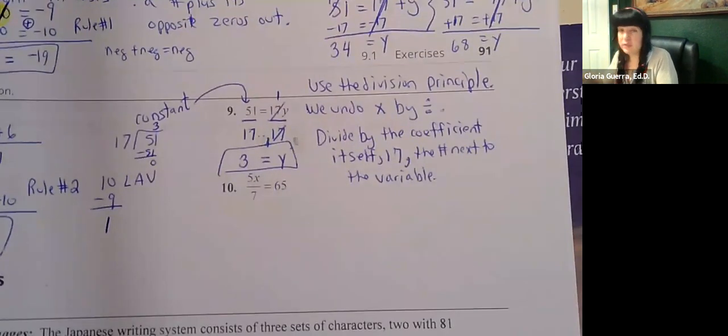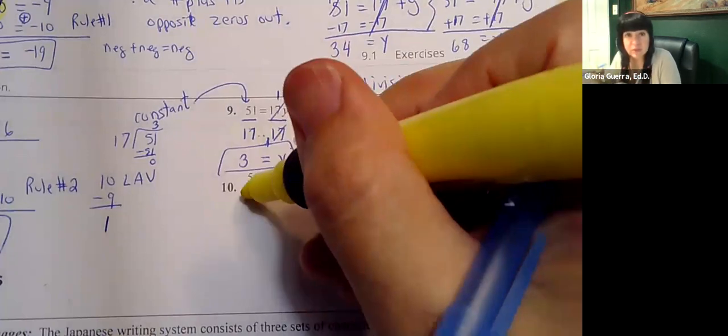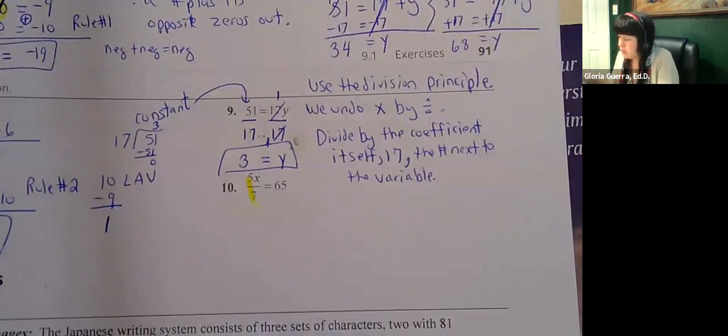So number 9 was an example of showing you the division property. Now on number 10, the coefficient is 5 sevenths. 5 sevenths is a coefficient.